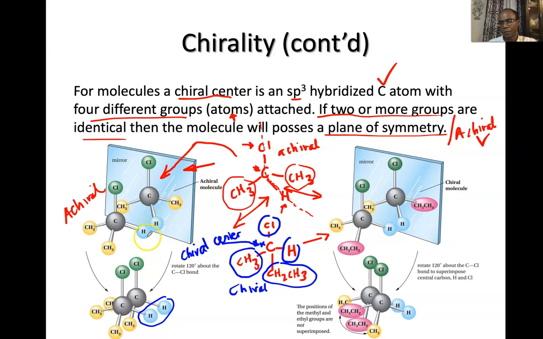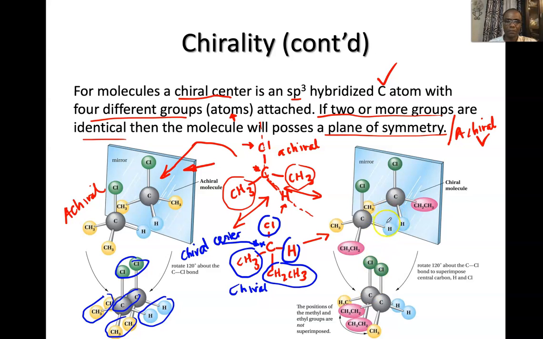If you bring them very close, the hydrogen matches with the hydrogen of the mirror image. The CH3 matches the CH3, the carbon matches the carbon, the hydrogen matches the hydrogen, chlorine, methyl. So everything is matching without much complication. But if you try to do the same thing here, there's not going to be a perfect matching, unless you rotate the molecule, then it will match.